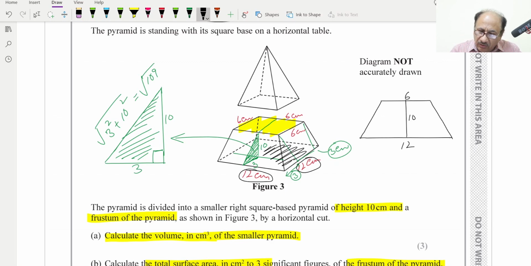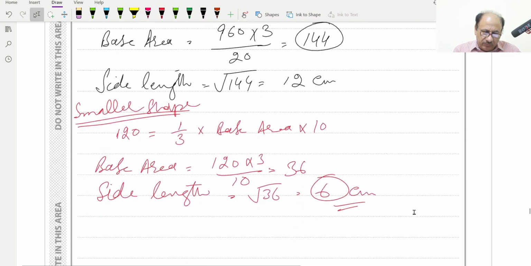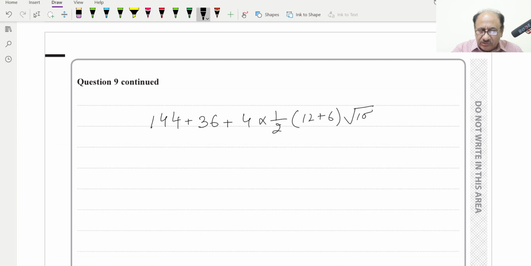So we will be using half into a plus b into perpendicular height h. This will be the area of the trapezium, and keep in mind these are four trapeziums on all four sides. So by this formula we will be adding 4 into 1 by 2 into 12 plus 6, multiplied by the height which we have calculated, the square root of 109. Hopefully you understood this. This will be the surface area.